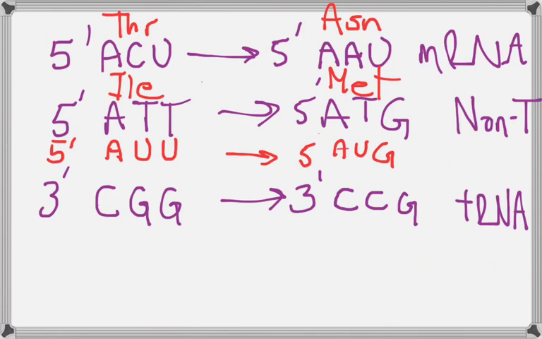Another missense mutation. Okay. And then our last one here, tRNA starts 3' CGG. What is our mRNA? What are we missing? Which side? Okay.